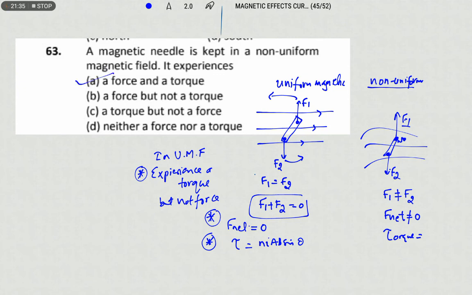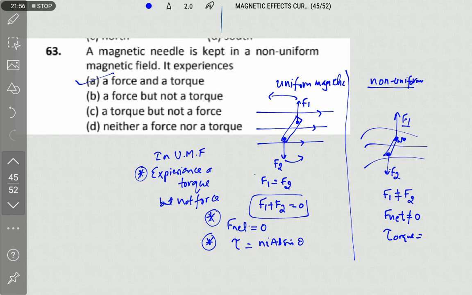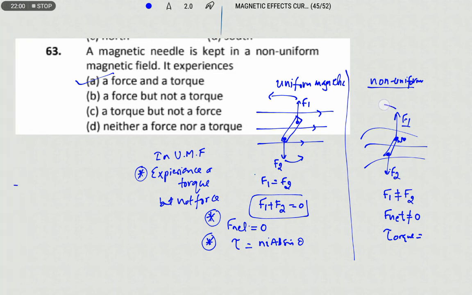So this is your answer: both. But in the case of a uniform magnetic field, it experiences only the torque but not the force. Here it may experience a force and, in the same way, a torque. Sir, why is there a torque? Because unlike forces will be there, so they will slightly try to rotate it.